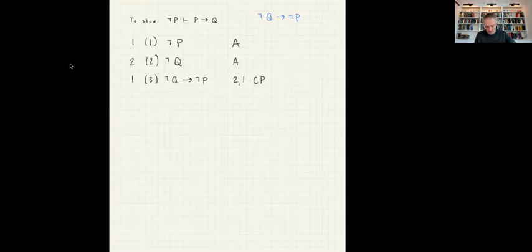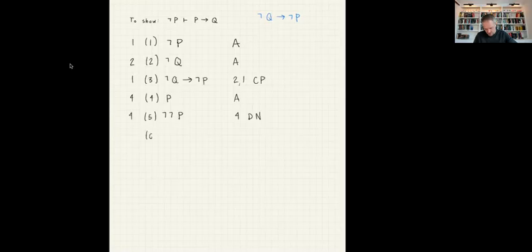And now I'm going to do a contrapositive maneuver. So what I'm going to do now is assume P, because from line 3, I'm going to get if P then Q. So I'm just going to do contrapositive to 3. So what I'll do is assume P. Now, I want to be careful. It's not true that you can apply modus tollens to lines 3 and 4, but you can change P into not not P. So line 4, double negation.